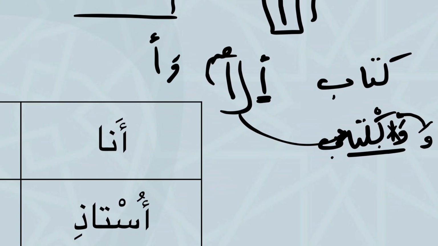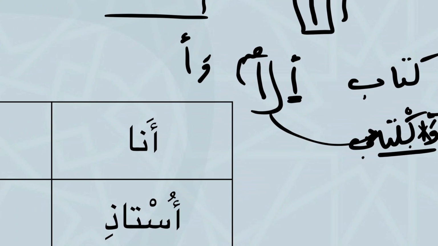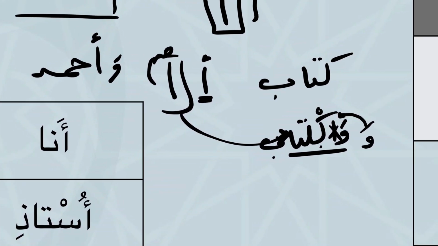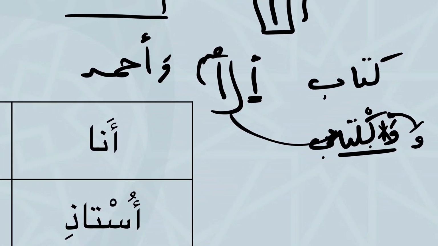If I say a very common name, Ahmad, I don't say Wahmad, I say Wa Ahmad. I emphasize the glottal stop sound. Wa Ahmad. Notice here I said Wal Kitab. I cancelled the alif. Here I don't. So this is one of the main differences.